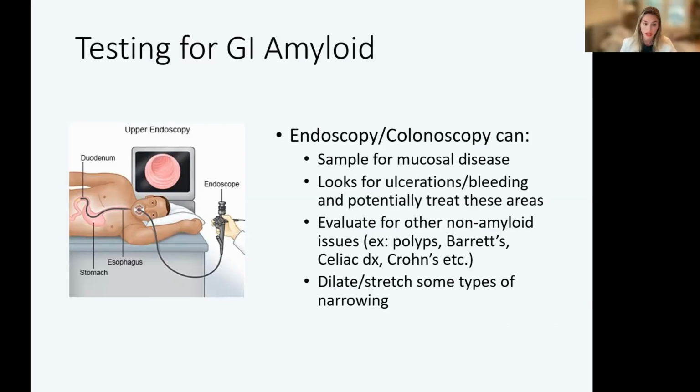Certainly, while we are looking with our camera exams, we can evaluate for other non-amyloid issues such as polyps, Barrett's, other causes of diarrhea, abdominal pain, or gut symptoms like celiac or inflammatory bowel disease. And we can sometimes offer treatments right then and there, such as stretching any narrowing or blockages, removing polyps, or other options at that time.